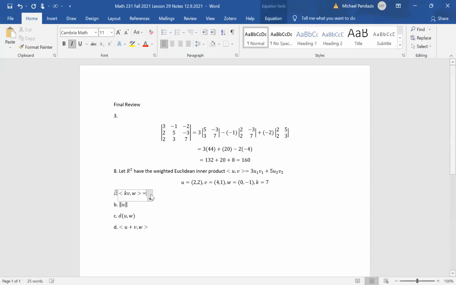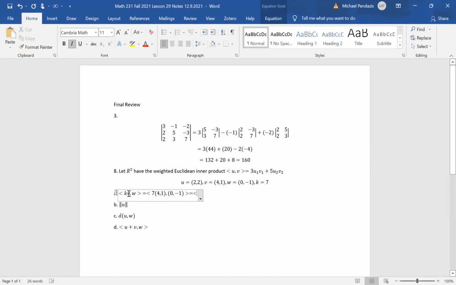So when you calculate this, k is 7, so this is 7 times v, where v is 4 comma 1, and then the inner product of that with w, which is 0 comma negative 1. You see how I have the k, which is 7 here, v here, and w there.